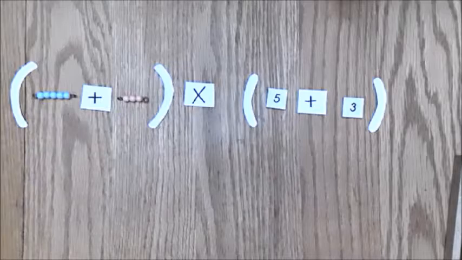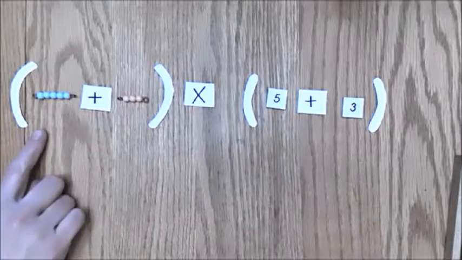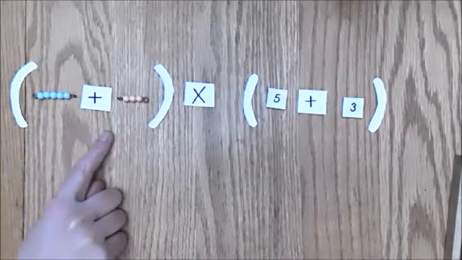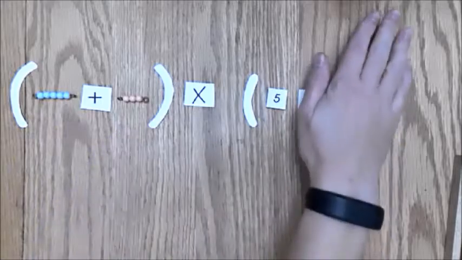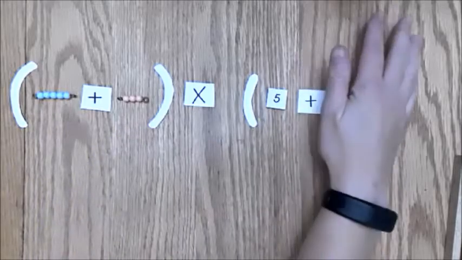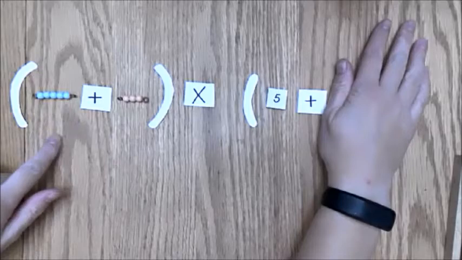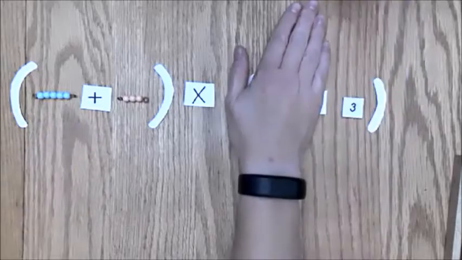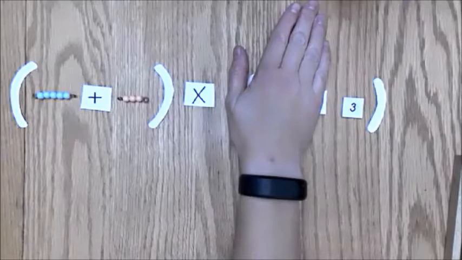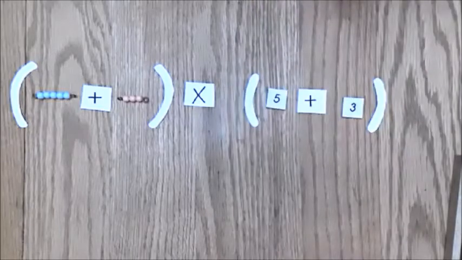Okay, so let's think about what this means. This means that this is everything inside here times 5 plus everything in here times 3. Okay, I know that you're probably thinking, I don't know what you're talking about, Miss Chris, but we're good sports and we're going to keep playing along with you.